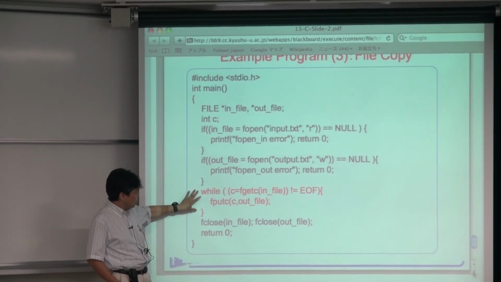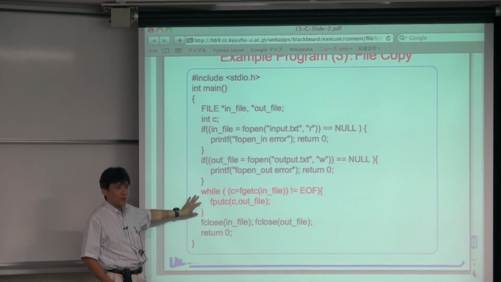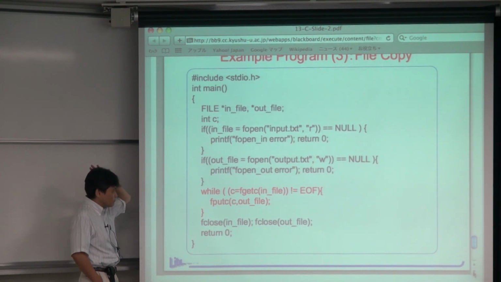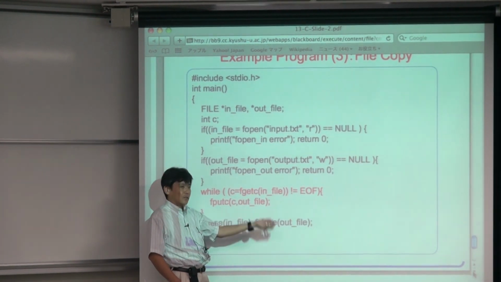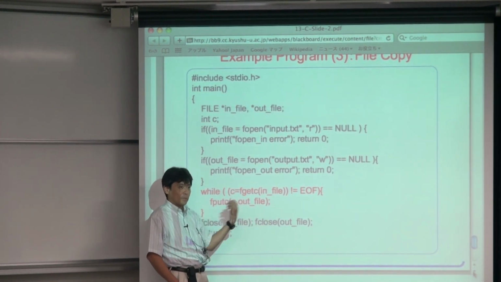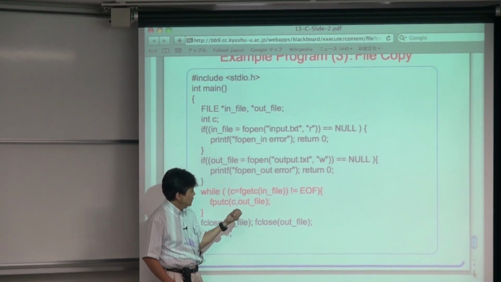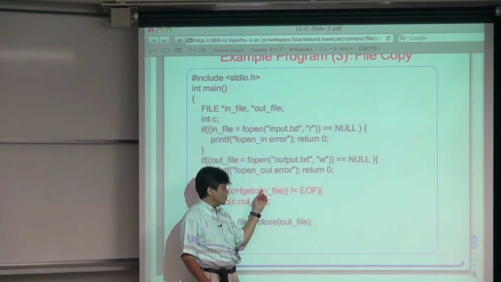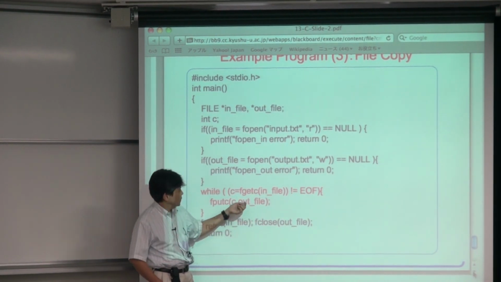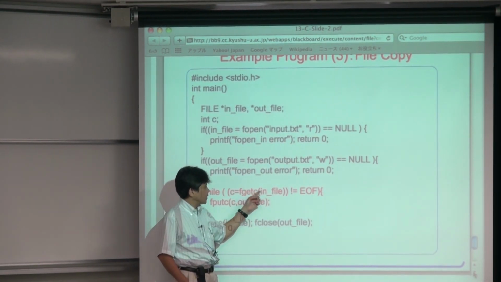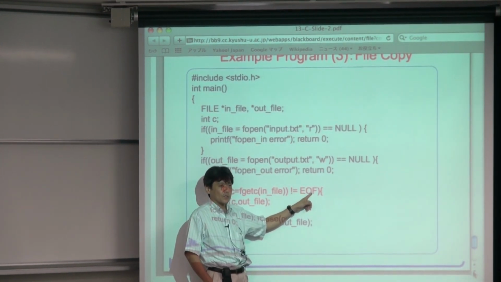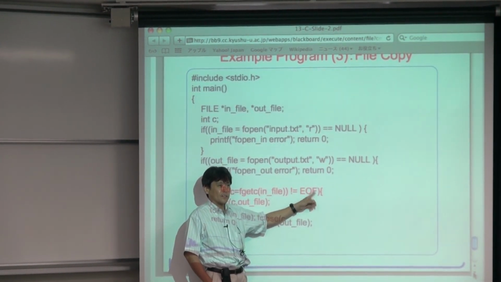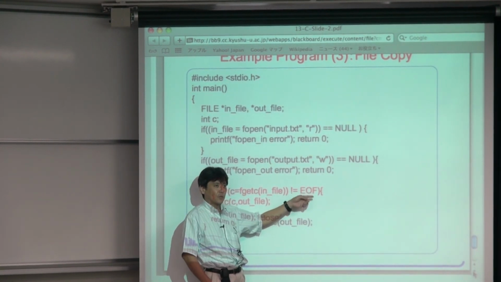The different part is only this part. Using the fgetc function, you can read characters one by one from the corresponding input file. If this function finds the end of file, it returns EOF, which is also a special symbol treated as the end-of-file mark.